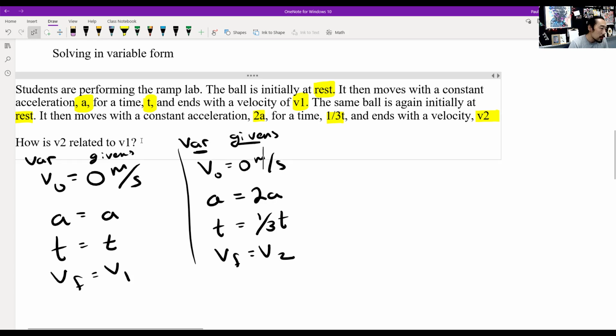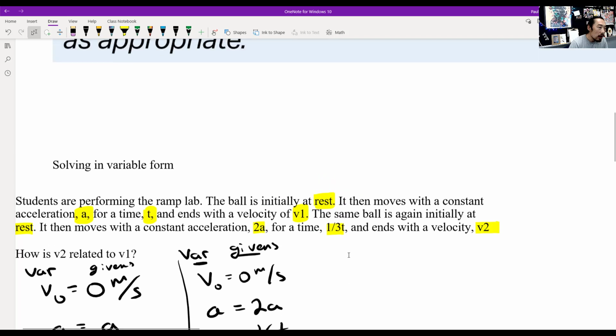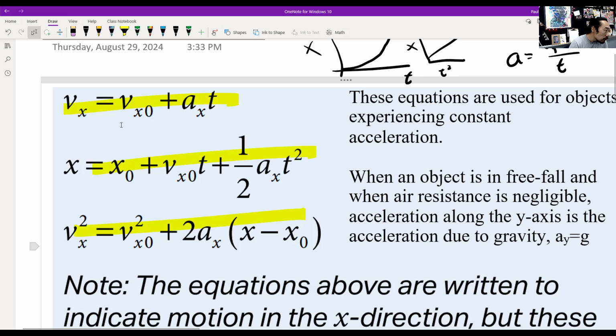The next thing you have to do is, using the kinematics formulas, identify which one of those 3 formulas gives you everything that you need, as in there's no unknown variable. So what I mean by that is, if you look at the kinematics formulas up here, you'll notice that the top formula has final velocity, initial velocity, acceleration, and time.